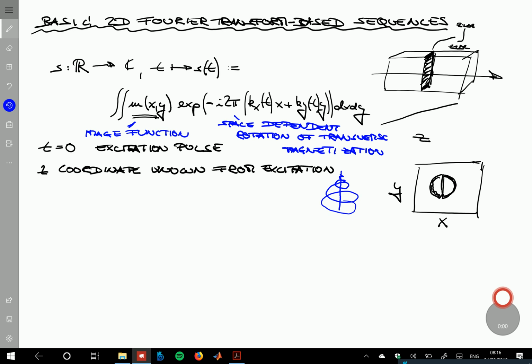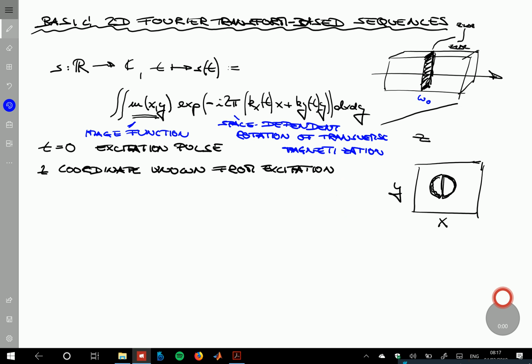We assume that the decay is either fairly long or that we acquire the data fairly early after excitation, so that we can get rid of the decay. We also removed from this equation the omega 0 dependent rotary movement that is happening independently of the spatial coordinates. So we are left with this space-dependent rotation of the transverse magnetization.